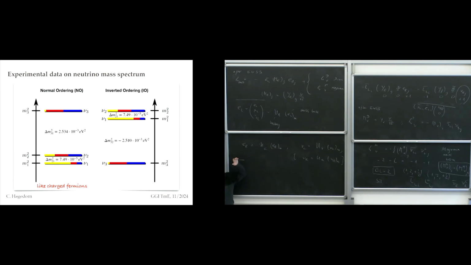If you just take this as field redefinitions, if you wish, you arrive by applying these to the terms which we have above and here on the other blackboards, you arrive at the following. You arrive at your M_E, U_E dagger.